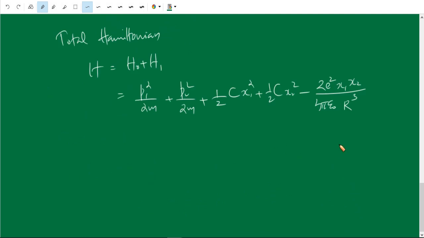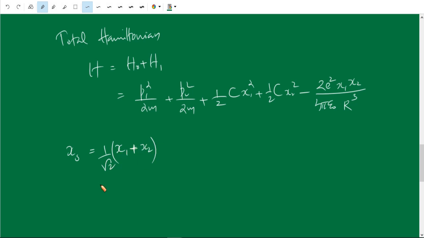Here we can consider two modes of motion: symmetric motion and antisymmetric motion. In the symmetric mode, the displacement xs is equal to 1 by root 2 times (x1 plus x2), a linear combination of x1 and x2, so the displacements are in the same direction.